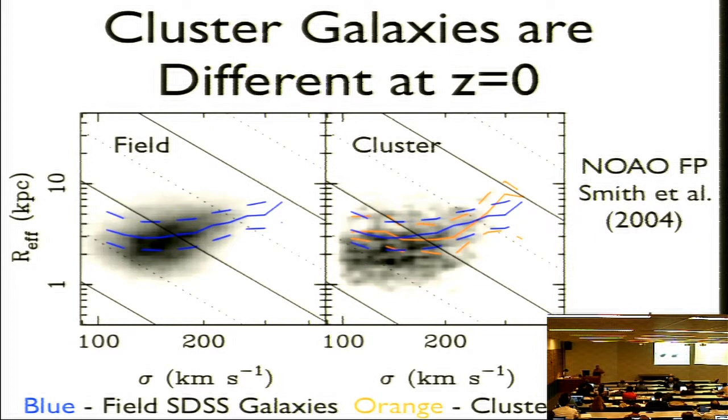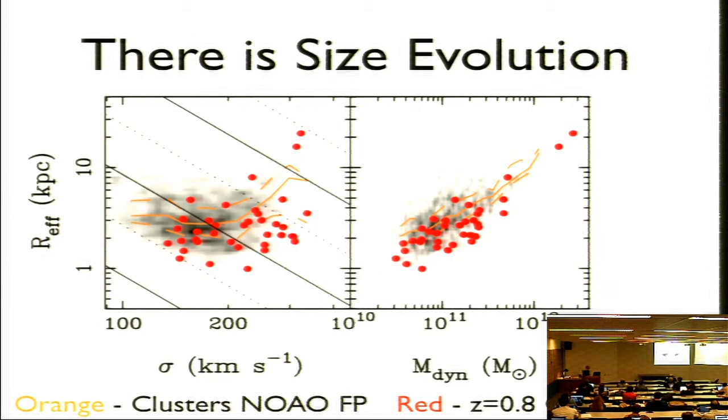Because Casey showed evidence that there's a potential for the pace of size evolution to be different. And so here we have that same NOAO fundamental plane sample with the orange lines that denote the median, 75 and 25 percentiles of the distributions. And the red dots are cluster galaxies at a redshift of 0.8, roughly half a Hubble time ago, so 7 or so gigayears ago.